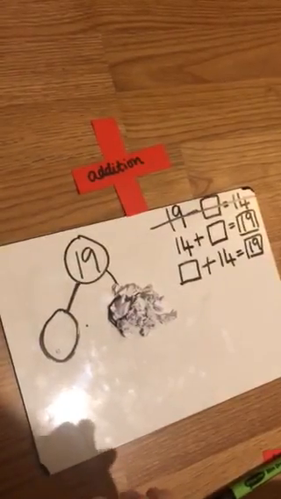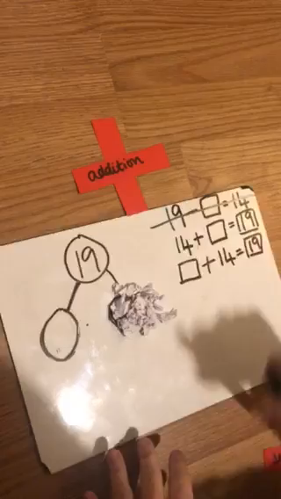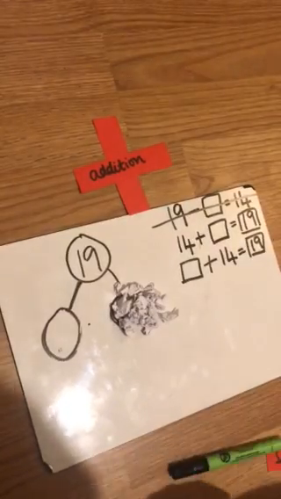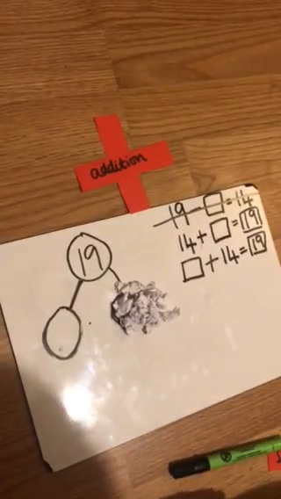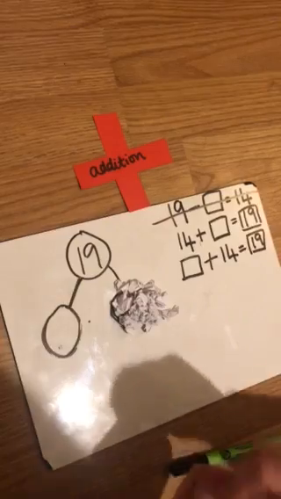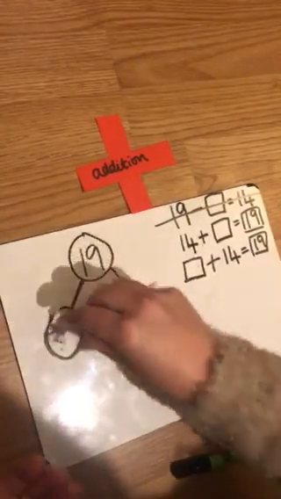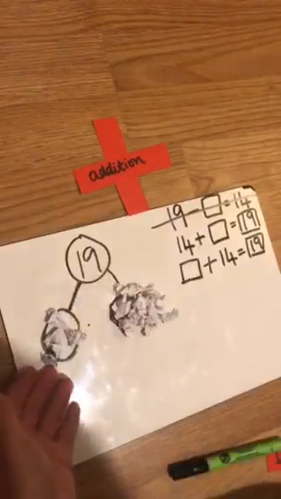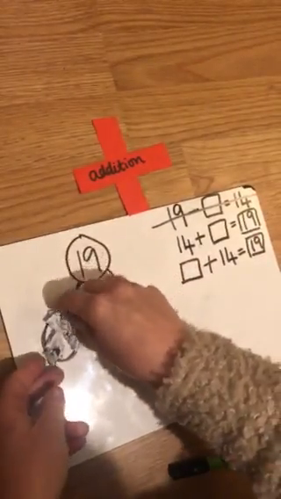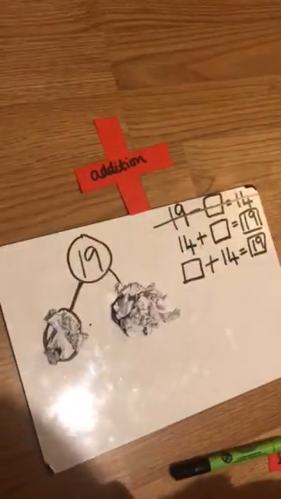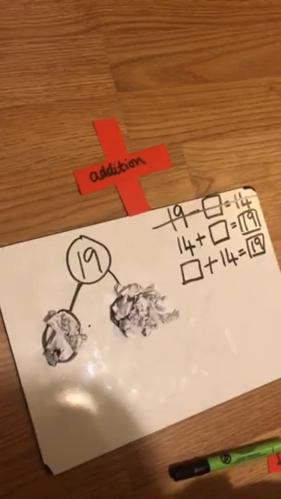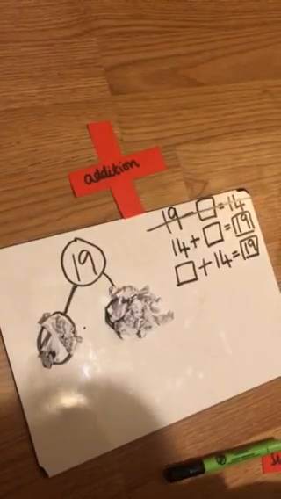So what we're going to do is put the number 14 in our head, and we're going to count on from the number 14, okay? So 14, 15, 16, 17, 18, 19. Okay, so we're stopping because we've got to our whole number. Okay, so when we reach our whole number, we stop.